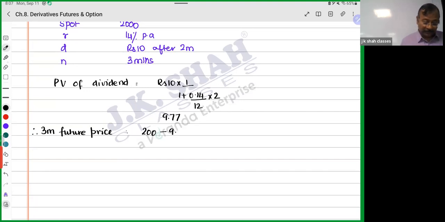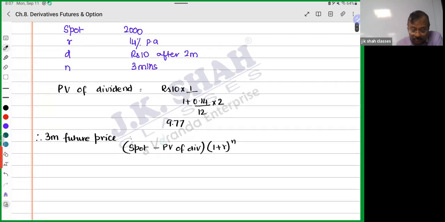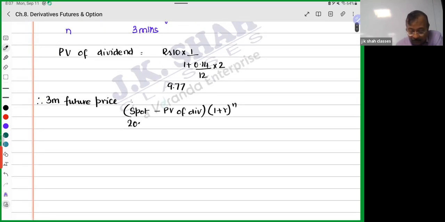if you want to write the expression, it's up to you. Spot minus PV of dividend into 1 plus Rn. So 2000 minus 9.77 into 1 plus 0.14 divided by 12 into 3.